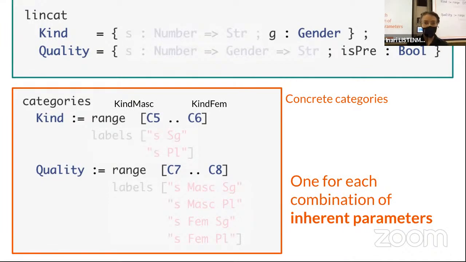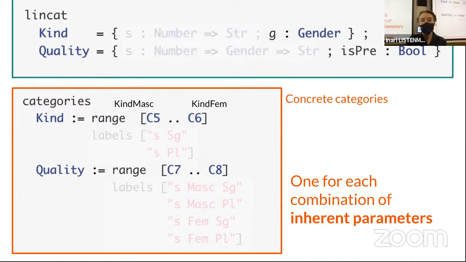So what happens? We have the inherent parameters. We will have now one concrete category for each combination of inherent parameters. In this case, there is no combination, there is just one of them. So both of them become two concrete categories.